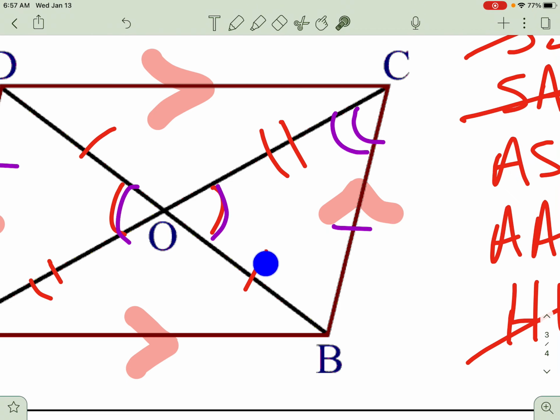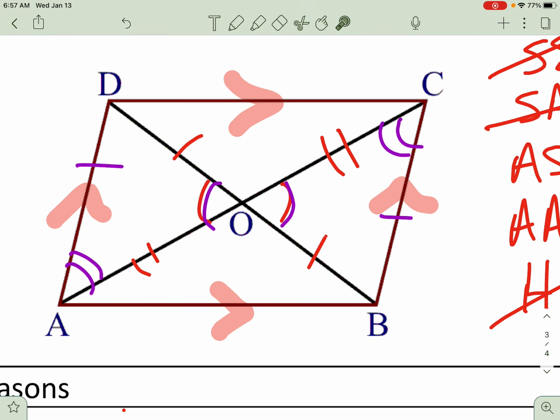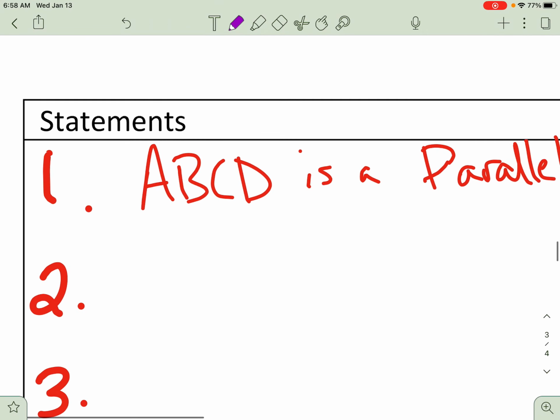So how do we know that angle CBO is congruent to angle ADO? And yes, notice I'm switching the direction. You have to, because these opposite angles are congruent. Well, we know it's equal because these are vertical angles. So COB and AOD.